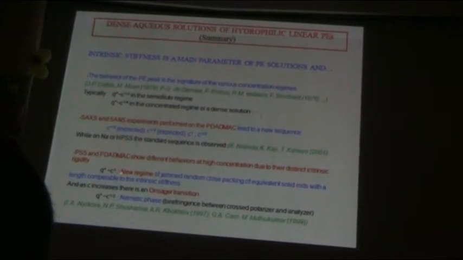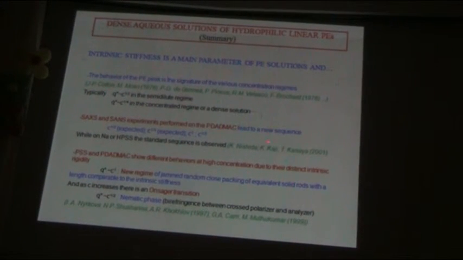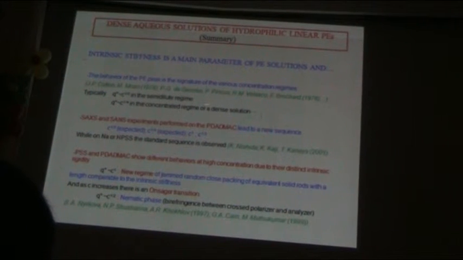I want to emphasize the importance of the intrinsic stiffness of polyelectrolytes. The behavior of the polyelectrolyte peak is the signature, the fingerprint, of the regimes, of the structure. So you have these two regimes, which have been observed in the past.